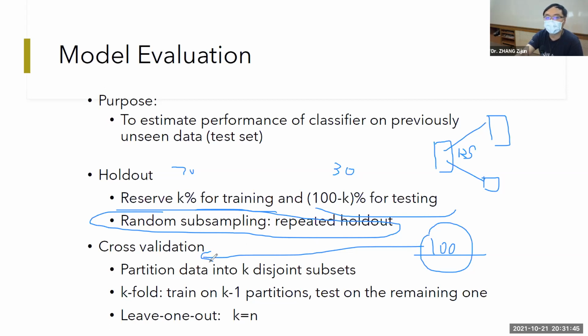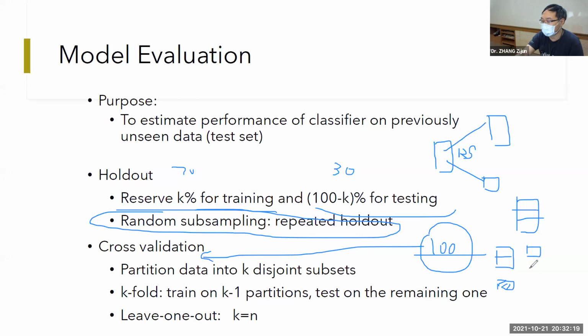The so-called cross-validation idea is very simple. You have a data set. You can cut it evenly into some chunks, which are disjoint subsets. Here there are three chunks. Then you repeat it as many times as the number of partitions. So here there are 3 partitions, then you repeat 3 times. The first time, you pick the first 2 as training and the last one as testing.